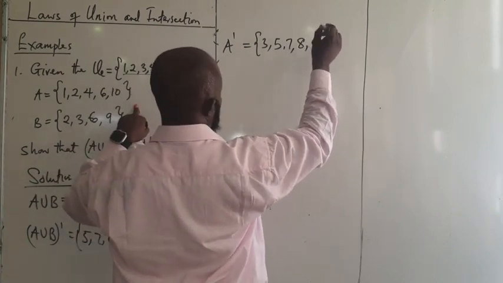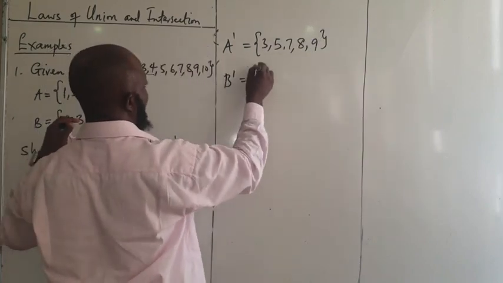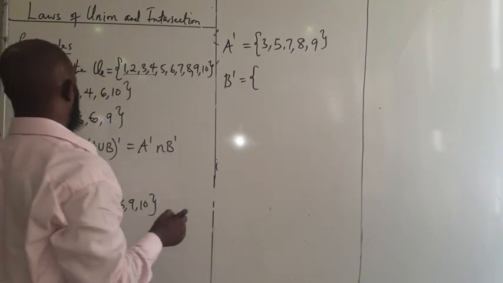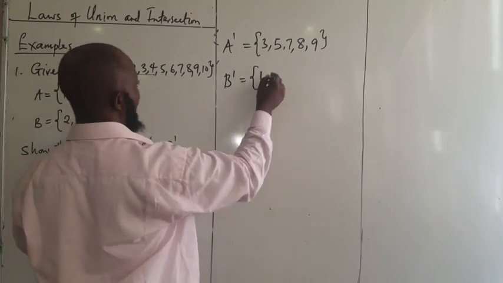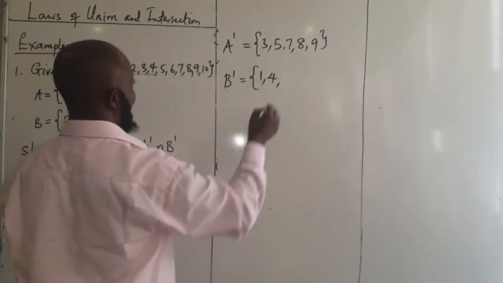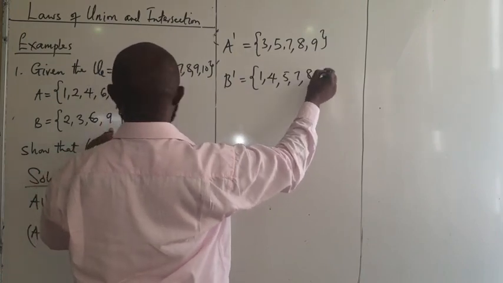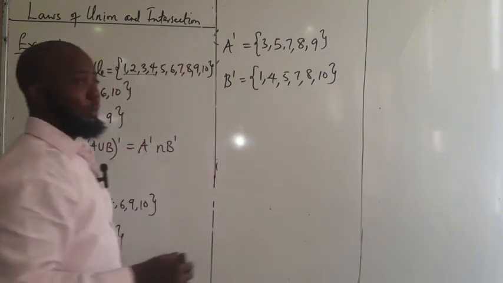That's all. Then B complement is going to be the elements we have in the universal set that are not in set B. So we have 1 is there, 4, 5 as well, 7, 8, and what? 10. So this is B complement as well.